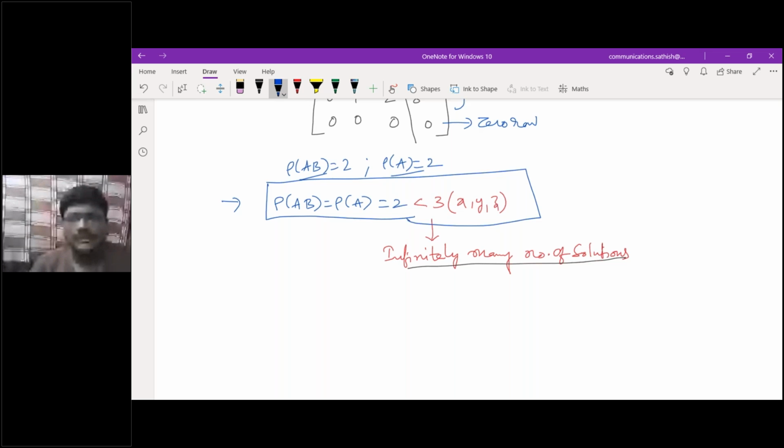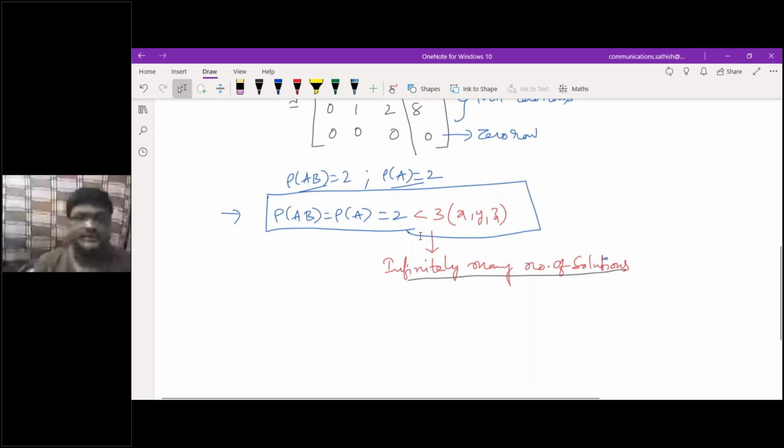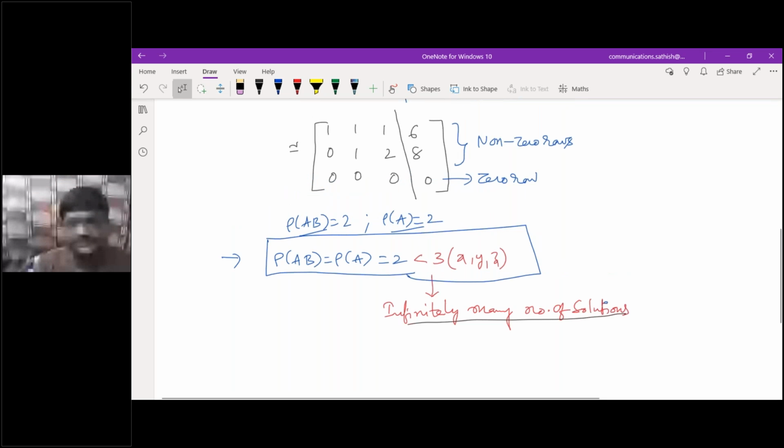Now, if it is infinitely many solutions, how can we get the solutions? If you observe the last row, all the elements are 0. In that case, you have to consider number of arbitrary constants.